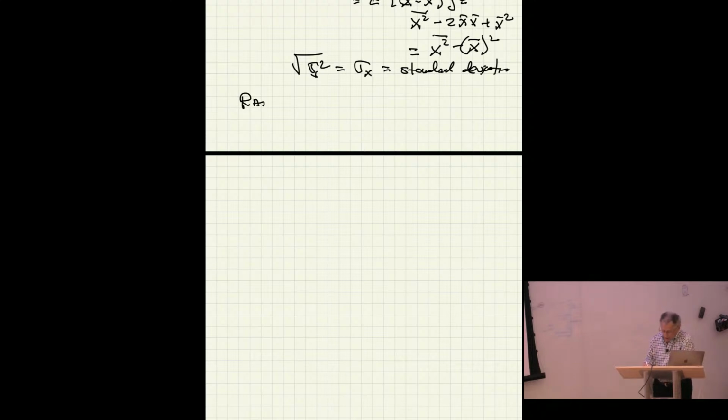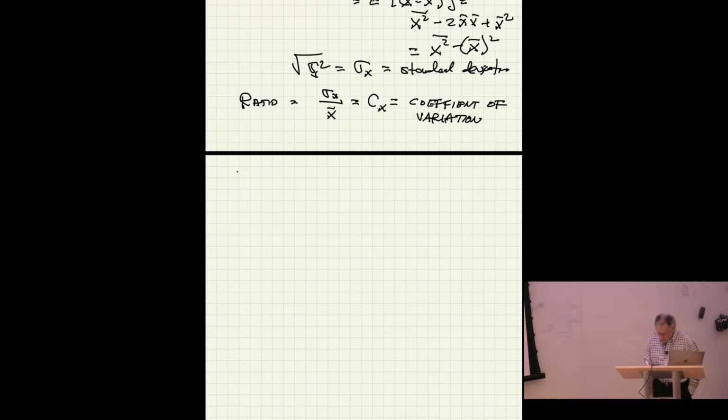It's the ratio of the standard deviation divided by the mean. And that has a symbol, capital C sub x, and it's called the coefficient of variation. And it's going to appear in our work. So it's just the standard deviation normalized by the mean. Okay, so these are just things you should be familiar with, except maybe coefficient of variation is new.